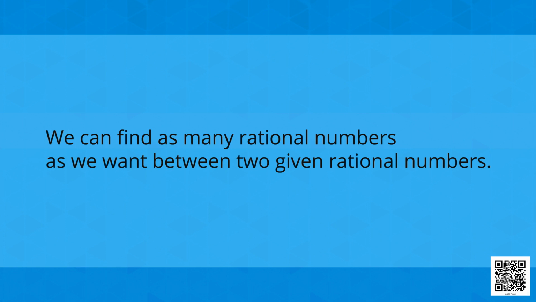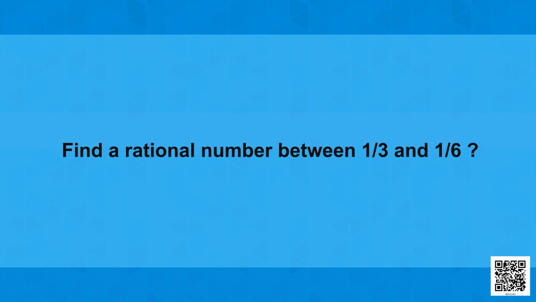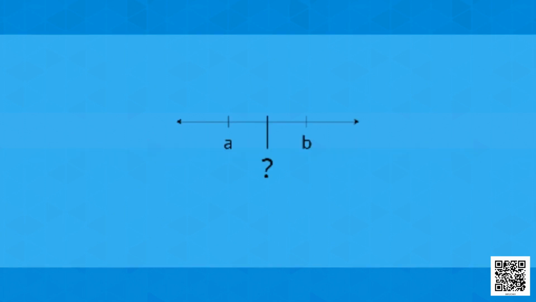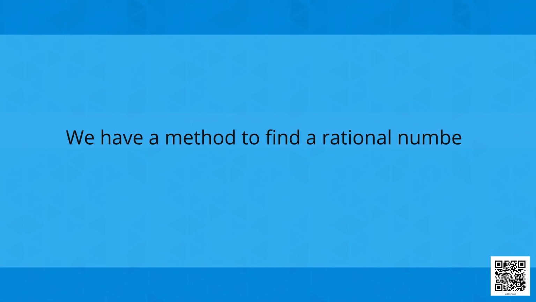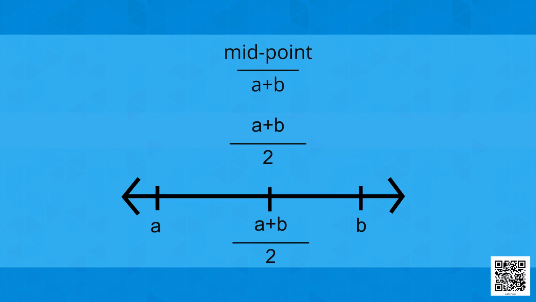Let us do a question. Find a rational number between 1 upon 3 and 1 upon 6. We want only one rational number between two given rational numbers. We have a method which helps us to find a rational number between two given rational numbers, and that method is called the mean method, or it is also called the midpoint method.